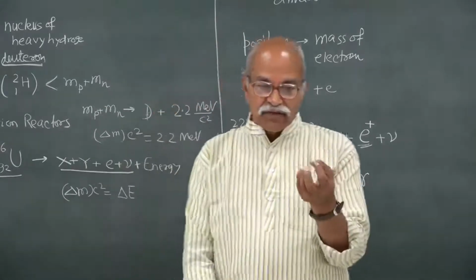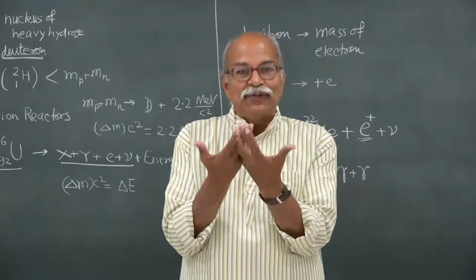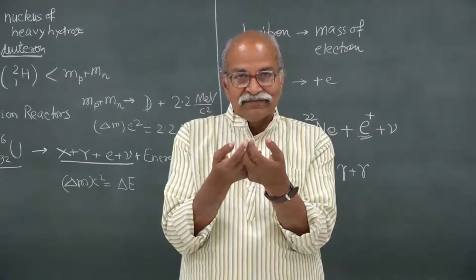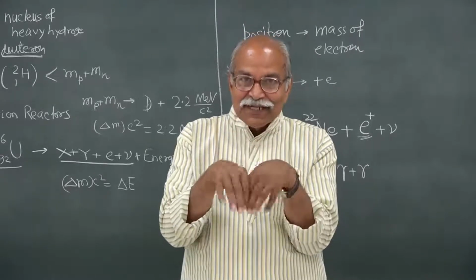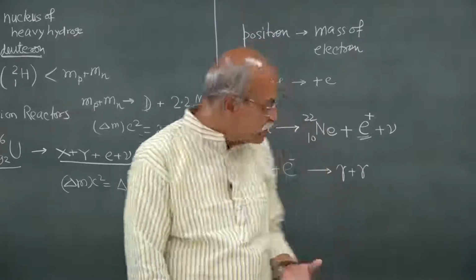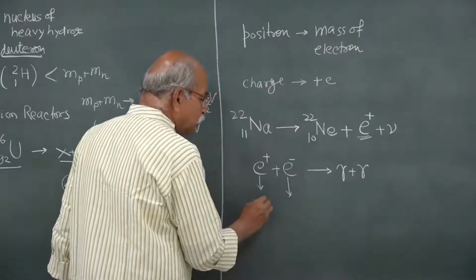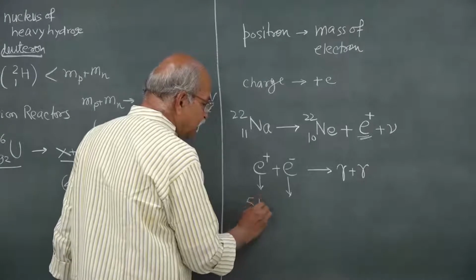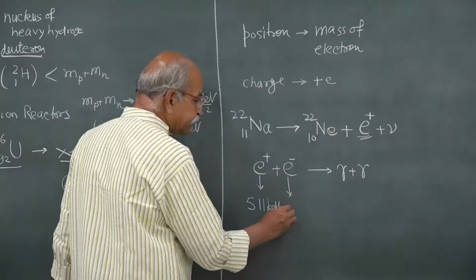If you have an electron and a positron that are just close to each other to start with, the whole mass is converted into energy. How much is the mass of an electron? Mass of electron and mass of positron both are 511 keV by c square.